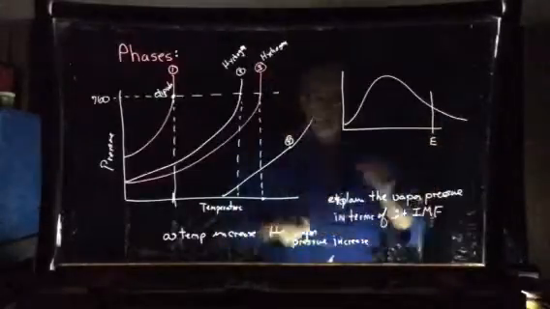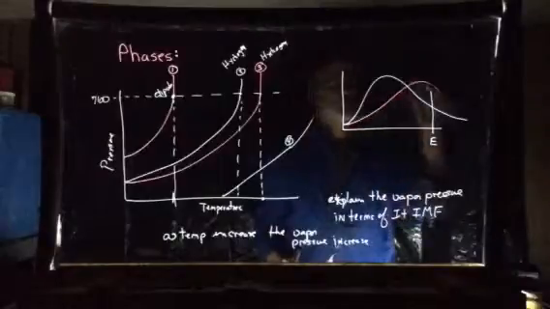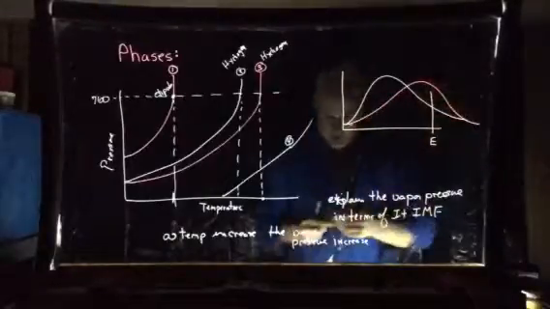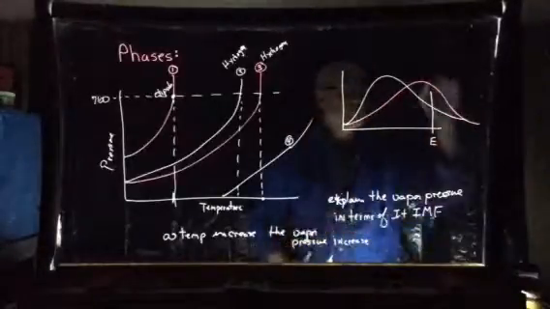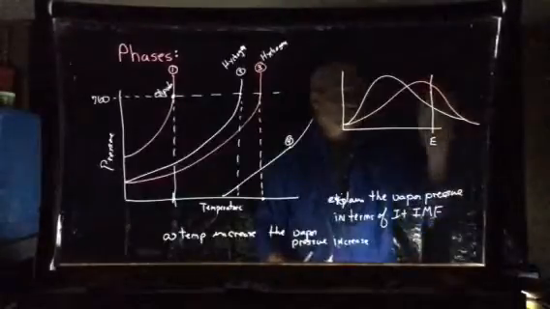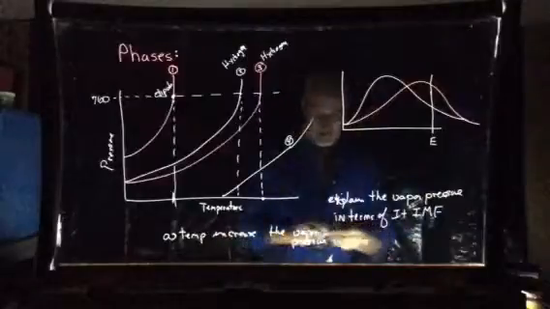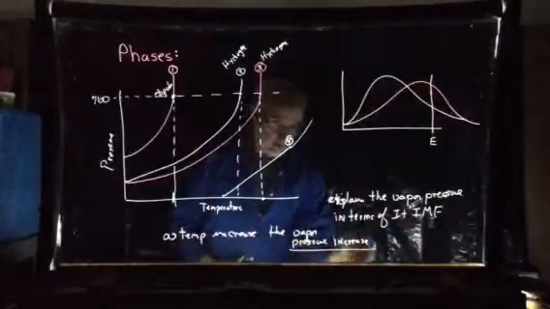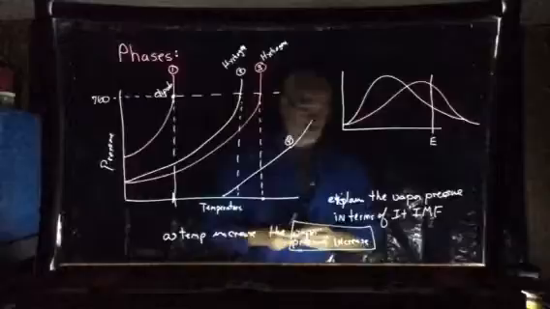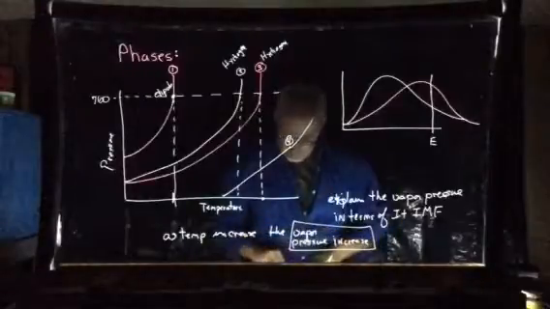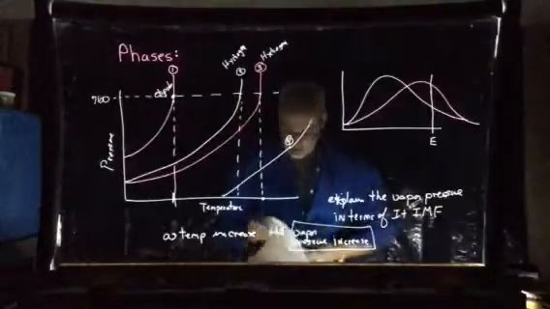And when you heat it up, you get a redistribution of the curve. So anything past this kinetic energy, threshold energy, is going to become a vapor. And the more vapor that you have, more molecules escaping, the vapor pressure is going to increase.